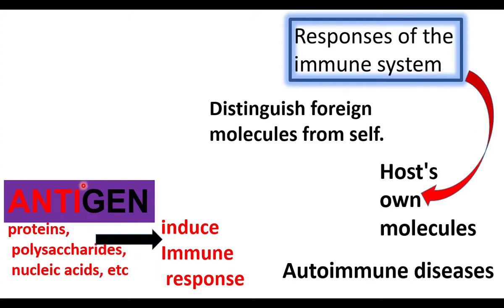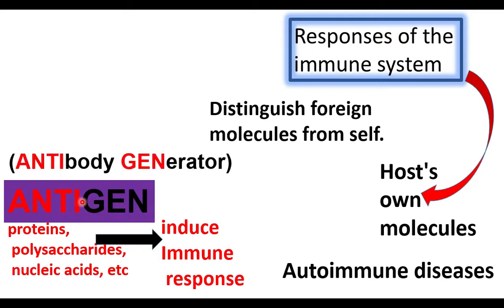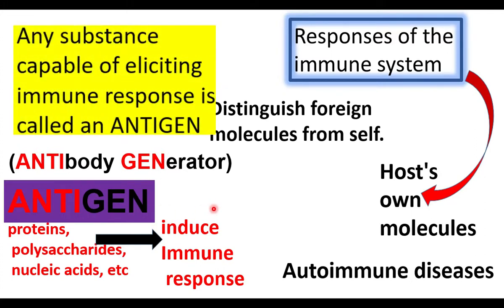Antigen is a generator of antibody. What is called an antigen usually? Any substance which is capable of eliciting immune response is called an antigen. The antigen stimulates the immune response.